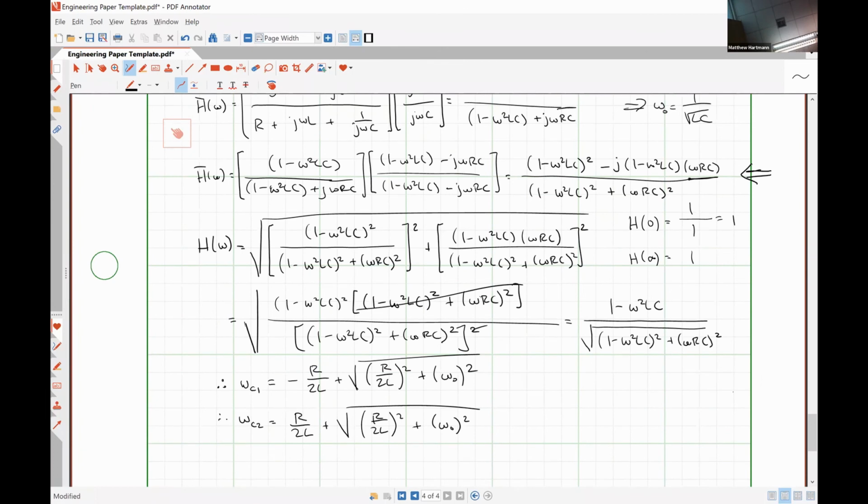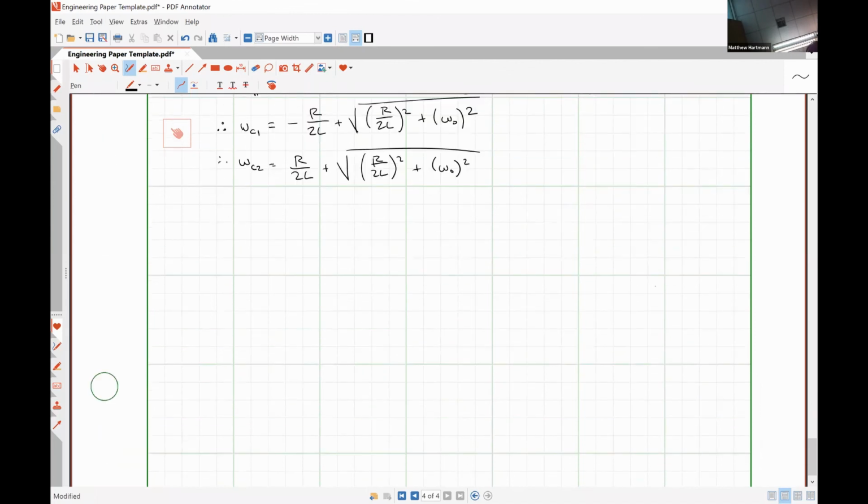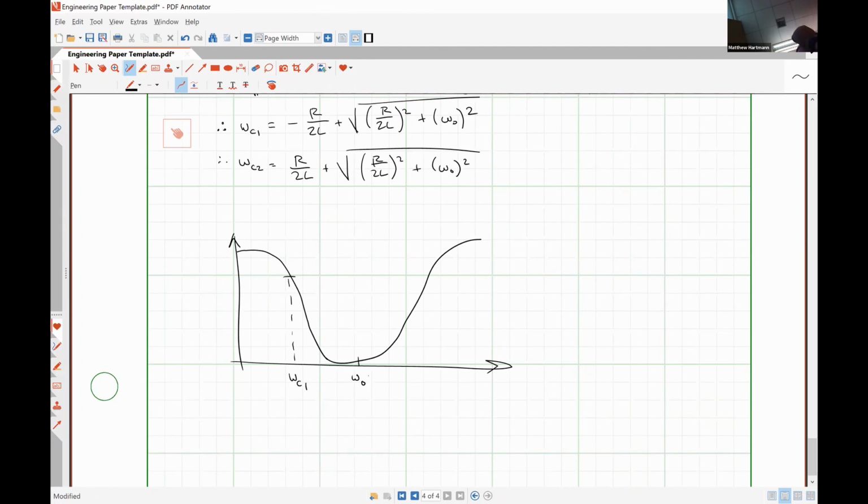So anywho, and you can get the separation between the stop bands. I'm trying to think of what I mean by this. So the response of a practical band stop filter is going to be something like this, where this is omega C1, this middle frequency is omega naught, and this is omega C2.